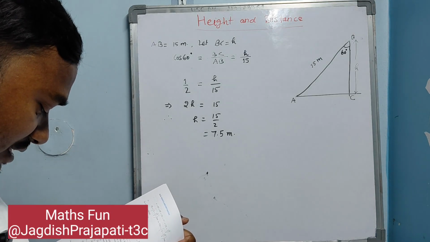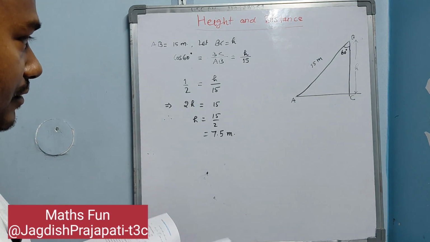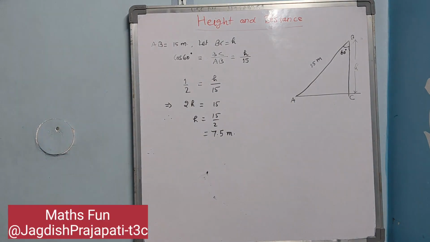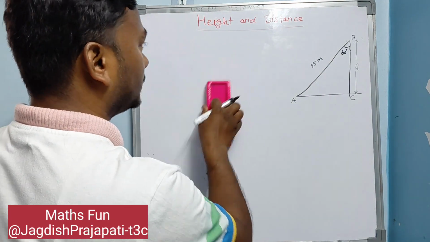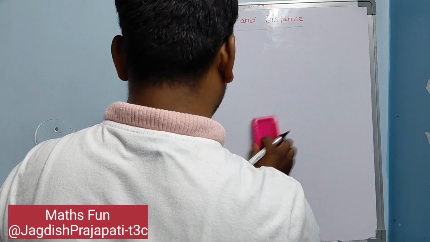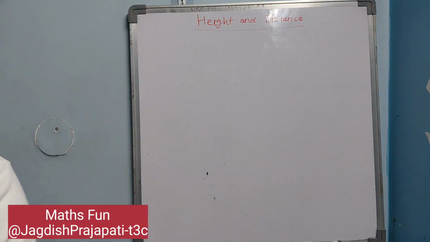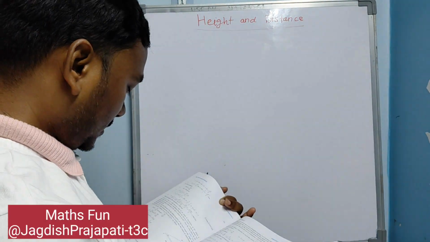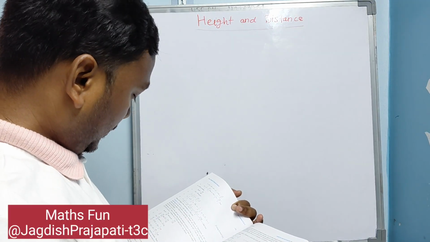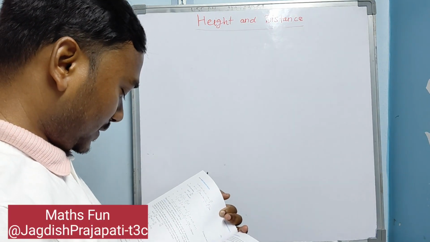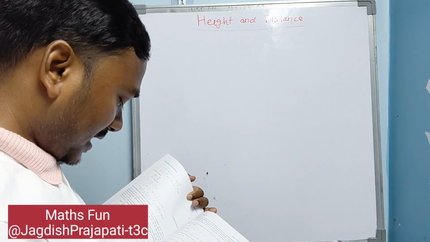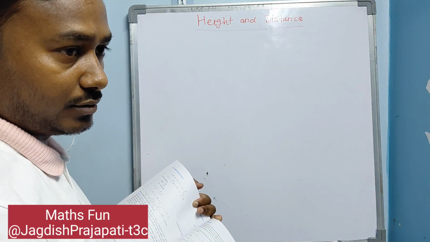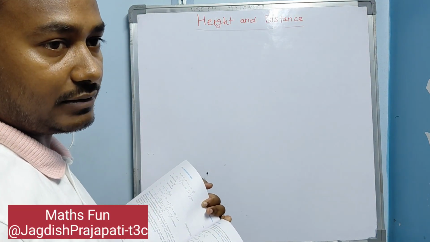2 points A and B are on the same side of a tower. So let's draw the picture to understand this problem. So first we have to fix a tower.